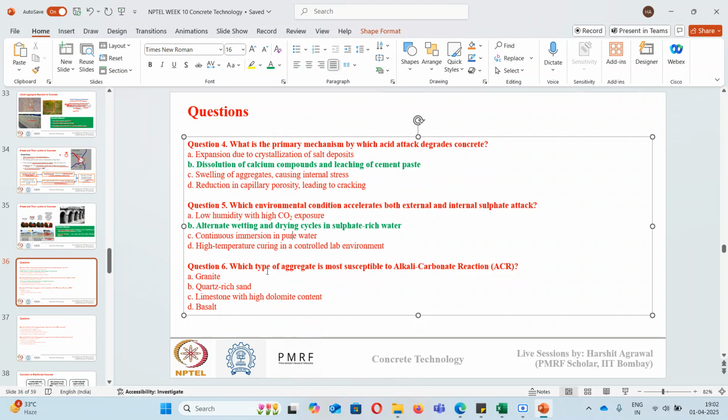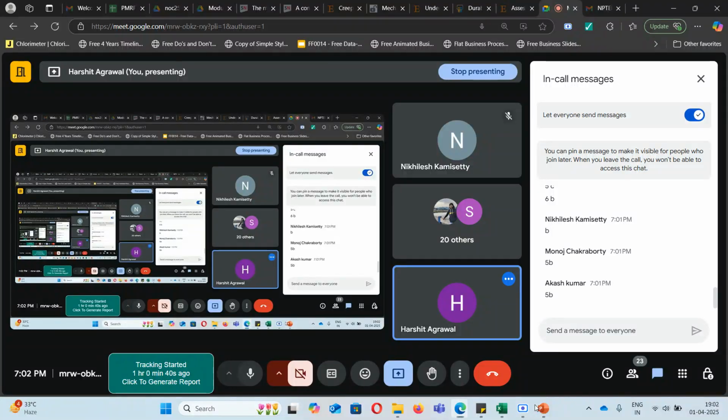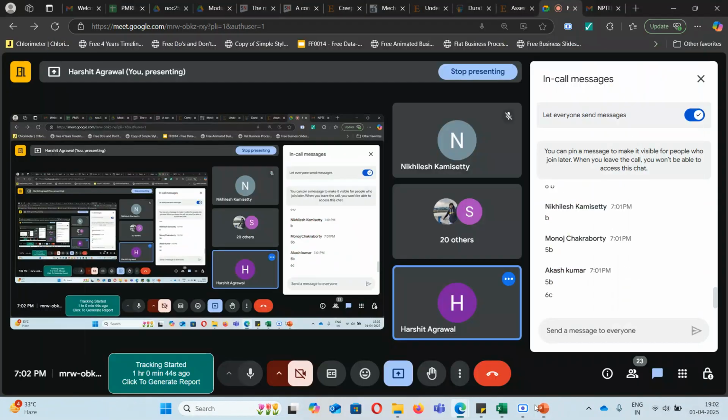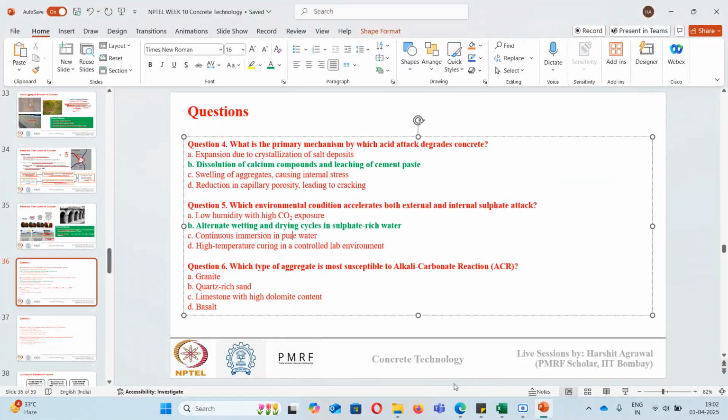Question number 6. Which type of aggregate is most susceptible to alkali carbonate reaction? Okay, so for question number 6, the answer is C. See, quartz has inert silica, it is not reactive silica.